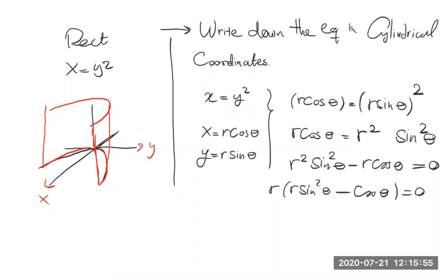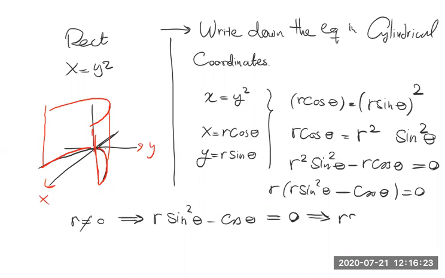Well, there is just one point where r is 0, and that's the origin. So at all the other points, r is non-zero. So I would assume r is non-zero, and I can divide by r. So r sine squared of theta minus cosine of theta is 0. If I divide both sides by r, I would get this equation.